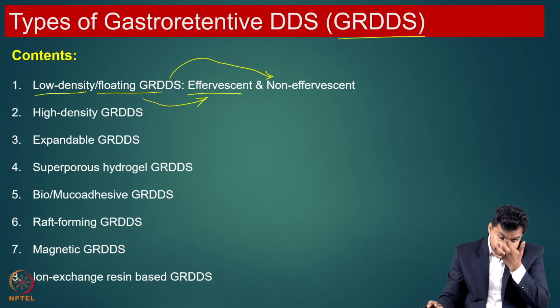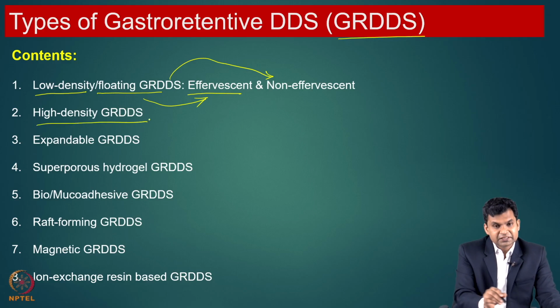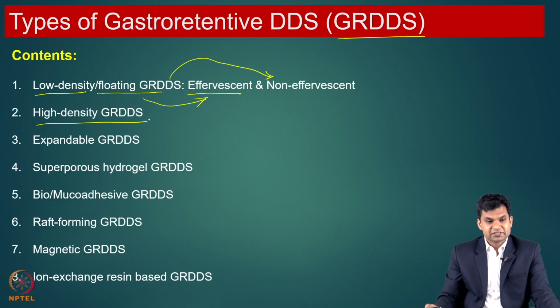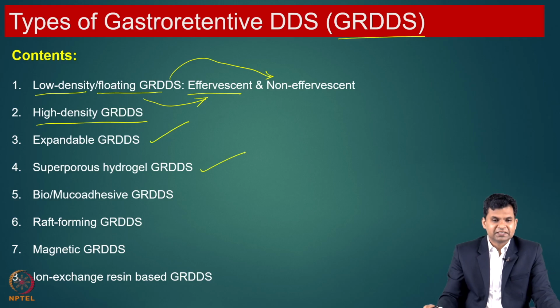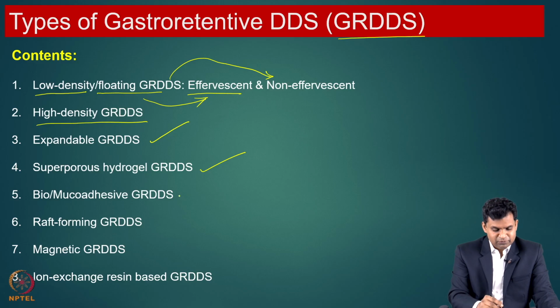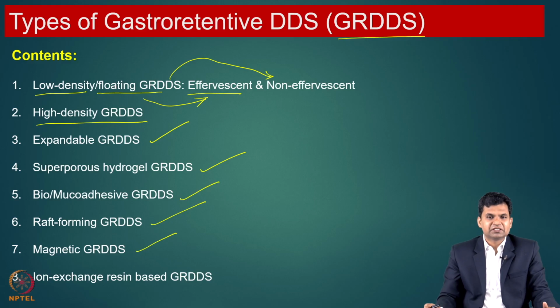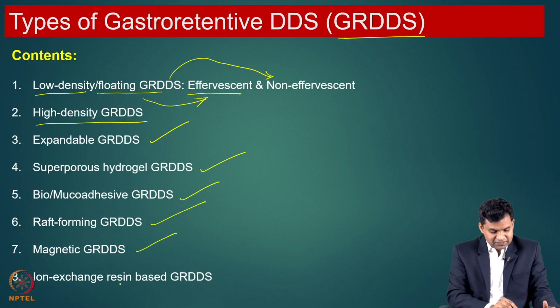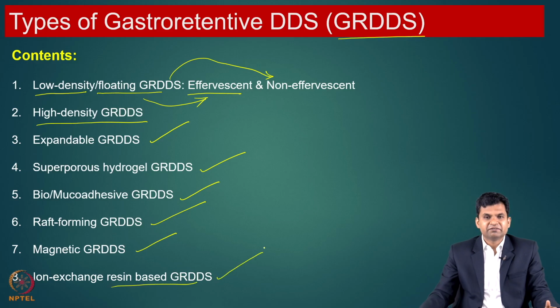Then we will discuss high density gastroretentive drug delivery systems, then expandable and superporous hydrogel drug delivery systems, and then mucoadhesive, raft-forming, and magnetic gastroretentive drug delivery systems, and finally ion exchange resin based drug delivery systems.